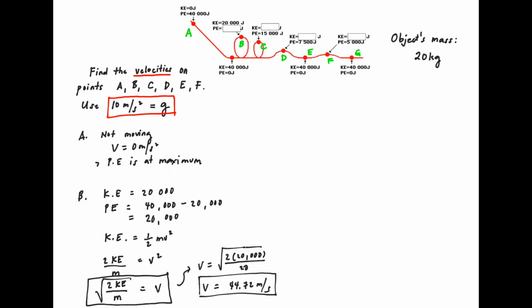Now, how about for point C? Since the potential energy is equal to 15,000, to look for the kinetic energy, we have this total mechanical energy, which is 40,000 minus 15,000, and then therefore we have now 25,000.